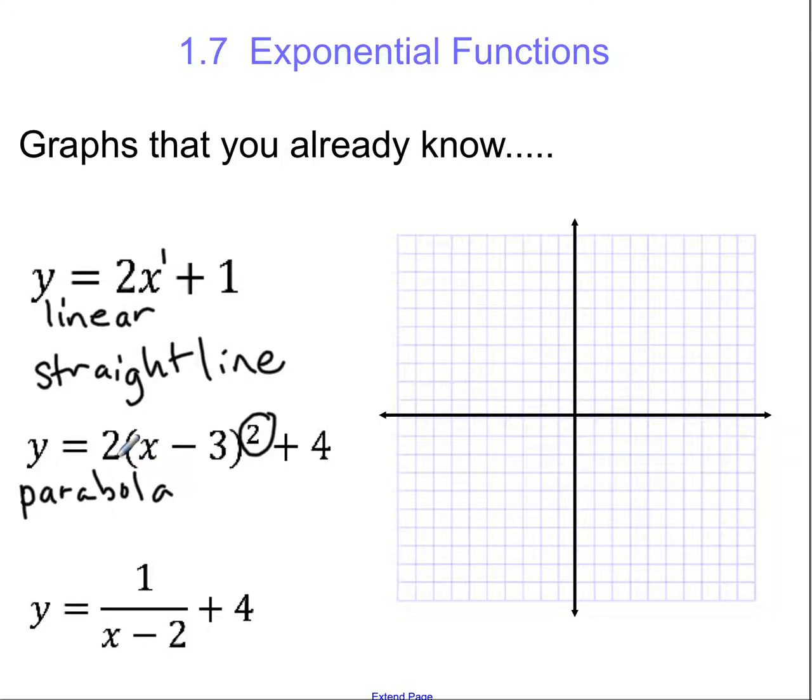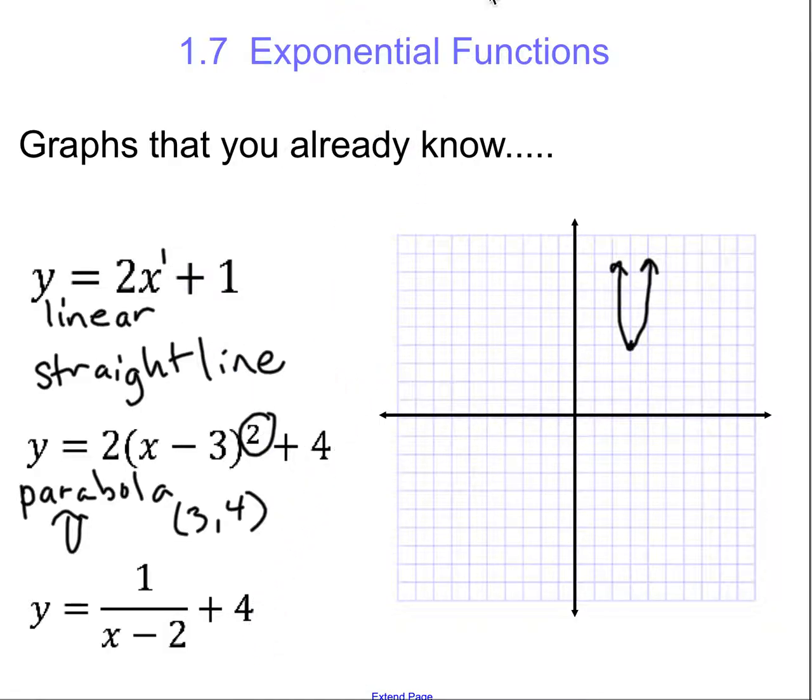The 2 means that it's skinny and facing upward, and the vertex was at 3, 4. So I know that it's a parabola and it's pretty skinny going upward. Important to notice that the x is squared. So yes, these do have exponents on them, but the exponents are numbers.